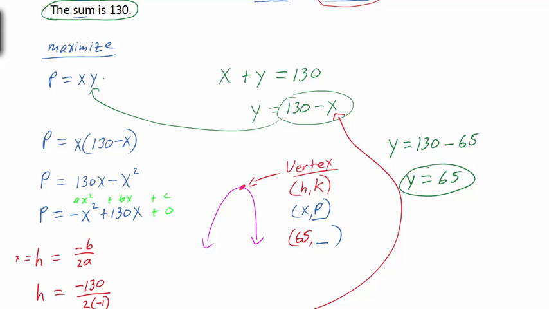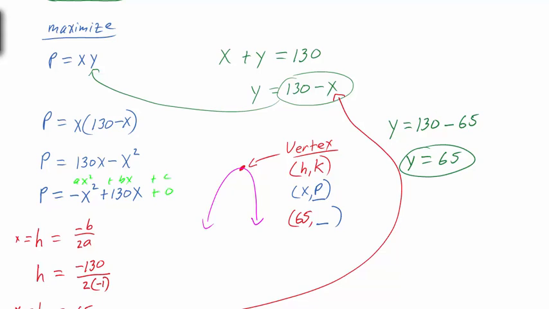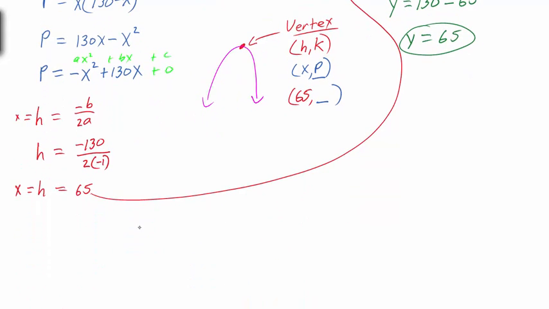So x was one number, y is the other number. So the two numbers that add up to 130 are, the first one is 65, the other one is 65. And then if you multiply them together, that's going to give us the maximum value. So the answer here would be 65 is one number and 65 is the other number.